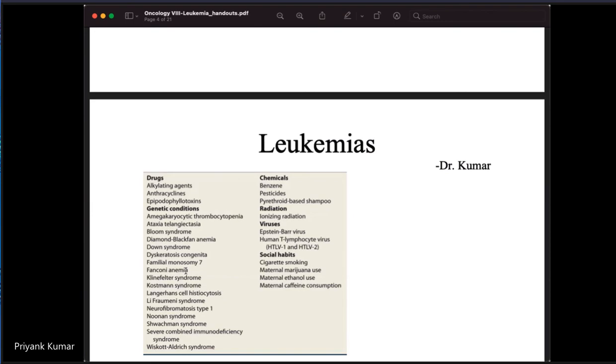Now, it's not always that way. It's not for certain, right? So if a baby is born with high weight, it doesn't mean that baby will have leukemia. It means that baby may be susceptible to get leukemia.